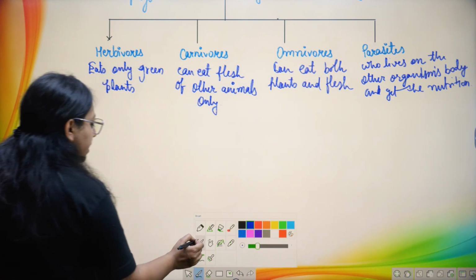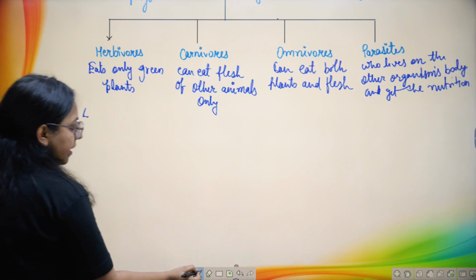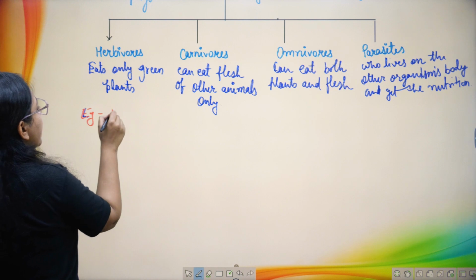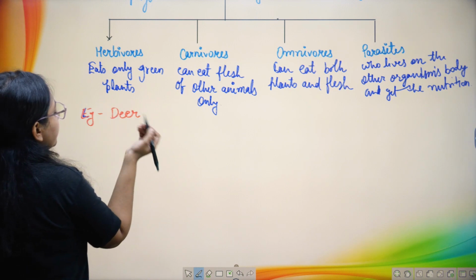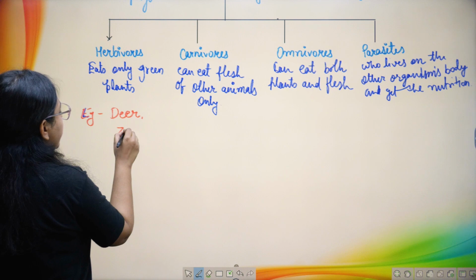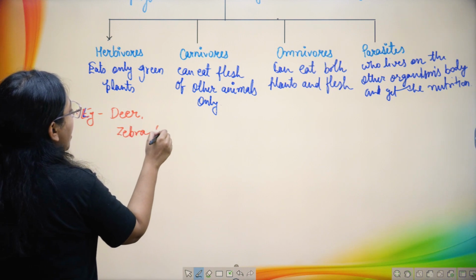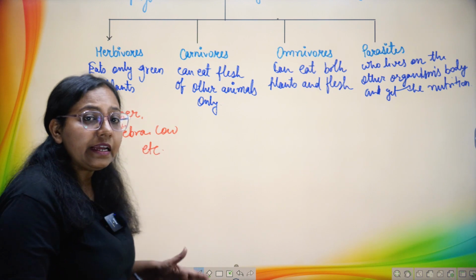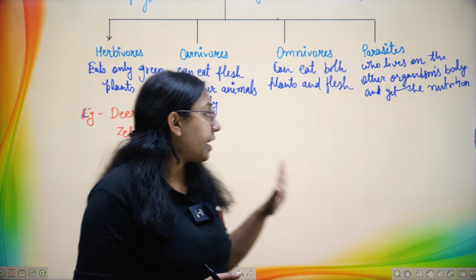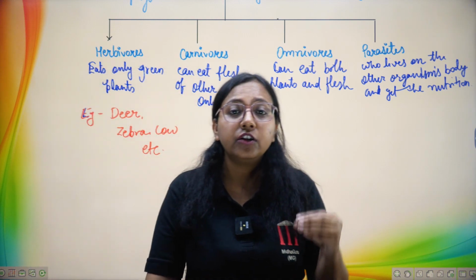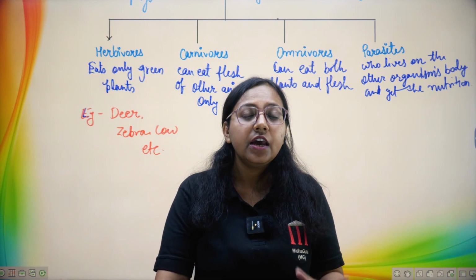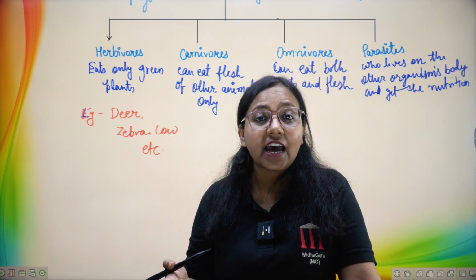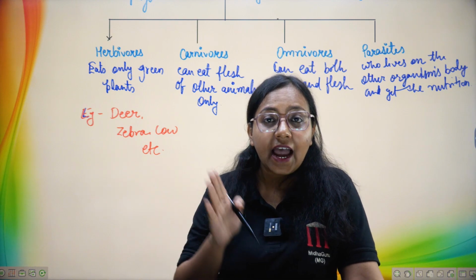Now let's understand the examples. Examples of herbivores are deer, zebra, cow, etc. These are herbivores because they are completely dependent upon green plants, green grasses. Also their structure, like their teeth and intestine, is designed separately.